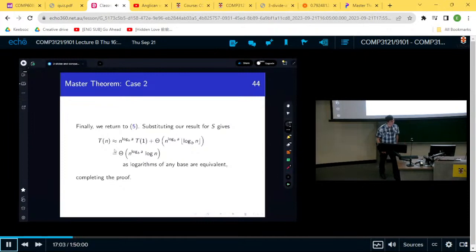Okay, and so this completes the proof of the second case of the master theorem. Feel free to ask questions if things aren't clear.